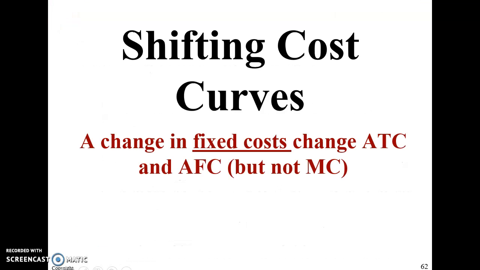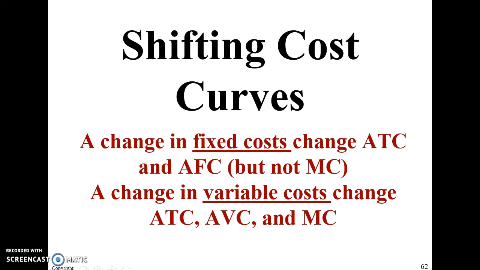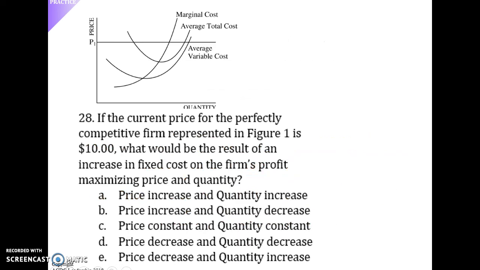All right, let's go to shifting. The change in fixed costs, remember they change the average total cost and AFC, but not marginal cost. Change in variable costs will shift the ATC, the AVC, and the MC, so all three.